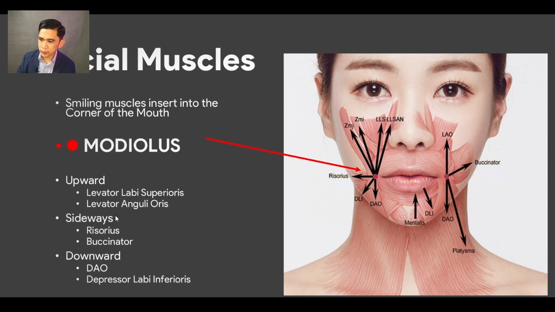So if you notice, we have the levator, which elevates the modiolus, and we also have the depressor anguli oris, or the DAO. And we also have the depressor labii inferioris. Okay, this one. This depresses the lips inferiorly.